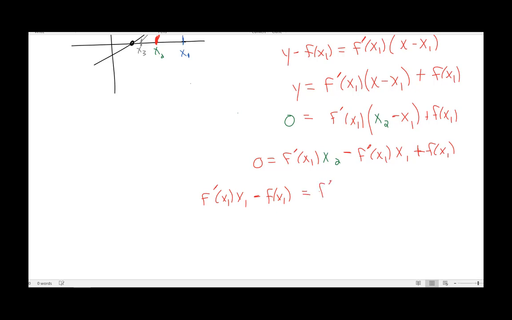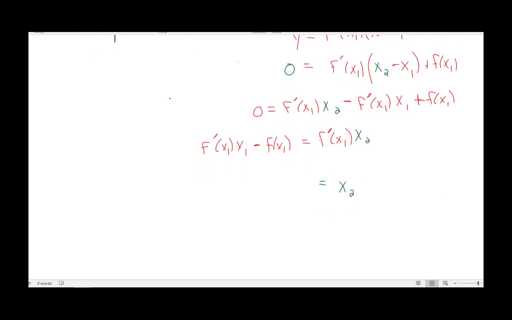Then we have f prime at x1 times the x2 that we're looking for. I solve for x2 by dividing by f prime at x1. So x2 equals f prime x1 divided by f prime, which gives me just x1, and then minus f at x1 over f prime at x1. This is the x-intercept of that next tangent line.